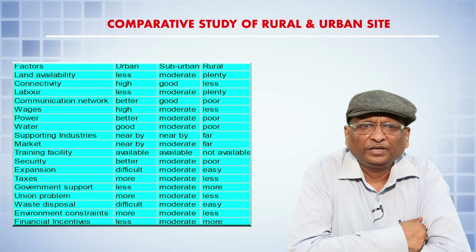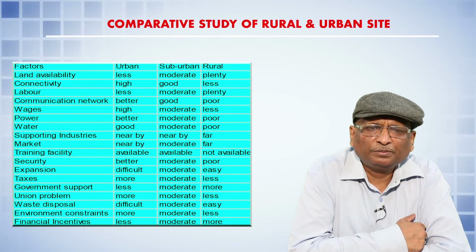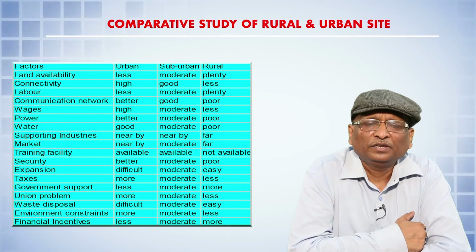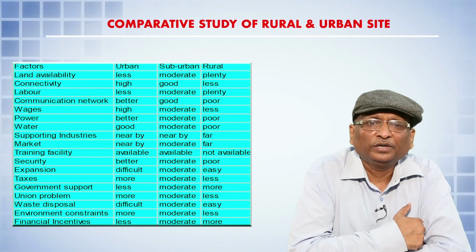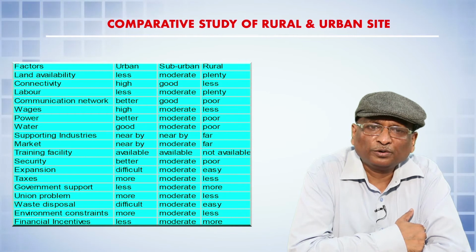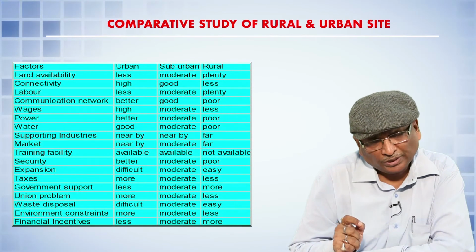Waste disposal, environment constraint, financial incentive. Sometimes the government gives low interest rate financial loans for making a business or developing a unit in the case of a particular location.